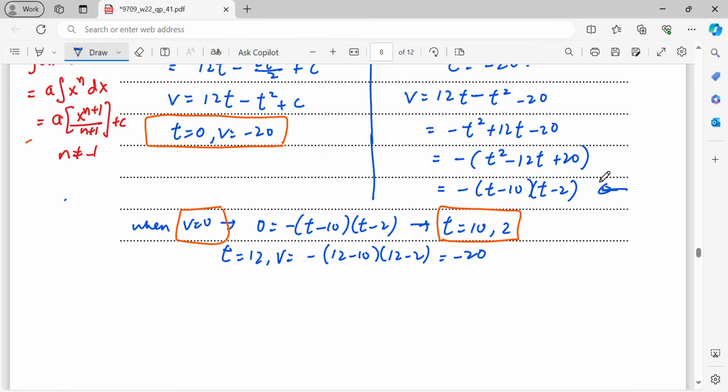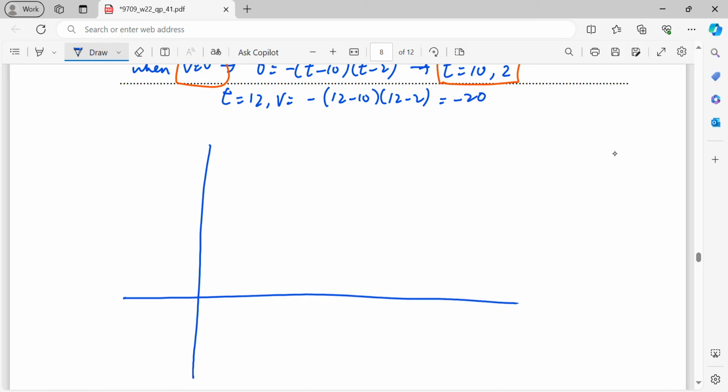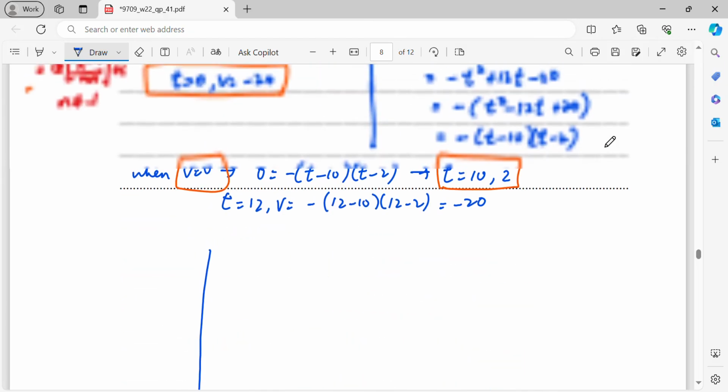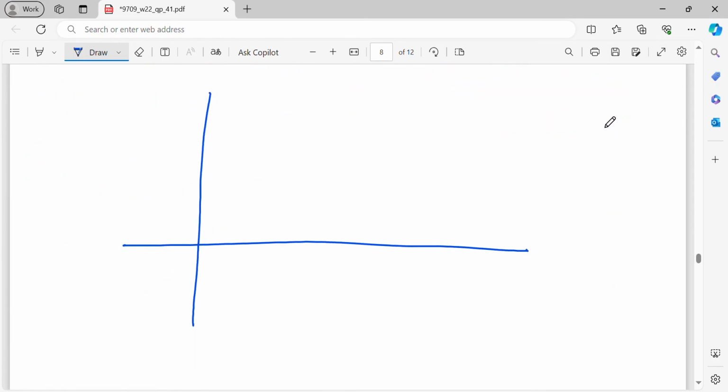Okay, and now I will sketch a graph. The v-axis has negative 20, minus 10, then 10 and 20. This is your v, here is your t, for t from 0 until 12.